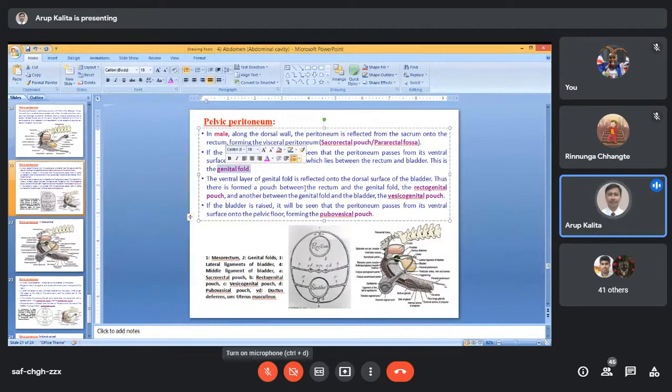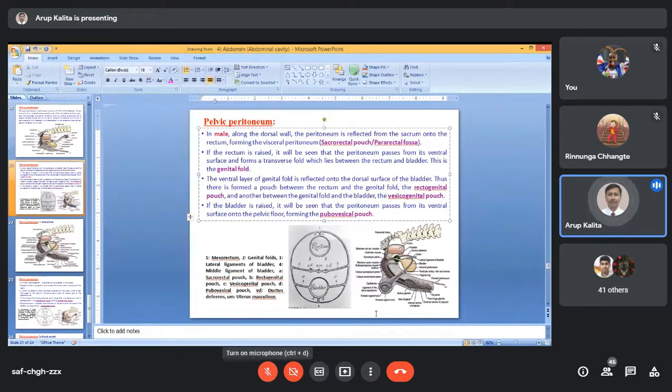Genital fold is present between the rectum above and the urinary bladder below. A separate fold you will get in the male, and that is called the genital fold. Otherwise, the pouches are whatever I already explained to you. That is the difference in the male.